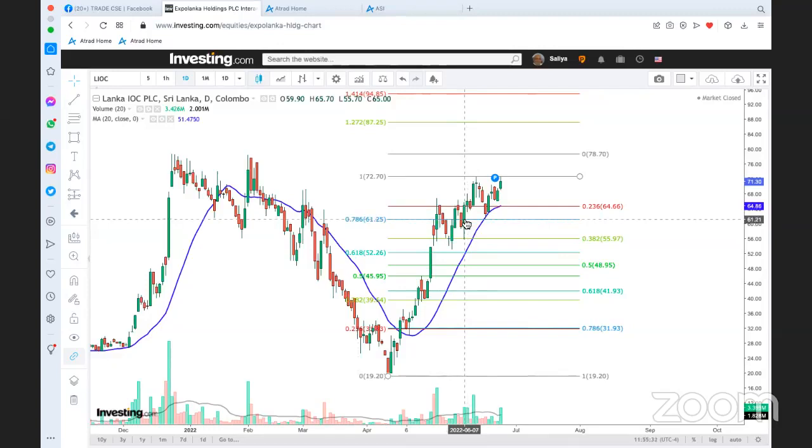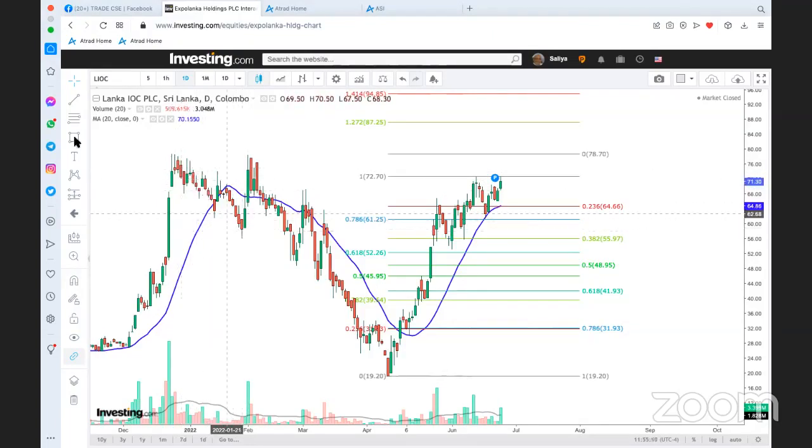So when these levels are tested, let's see over here. This level is 55.70. This is 56 rupees. Remember, from here it came down to this level, then rapidly went up again for 2 days, right?